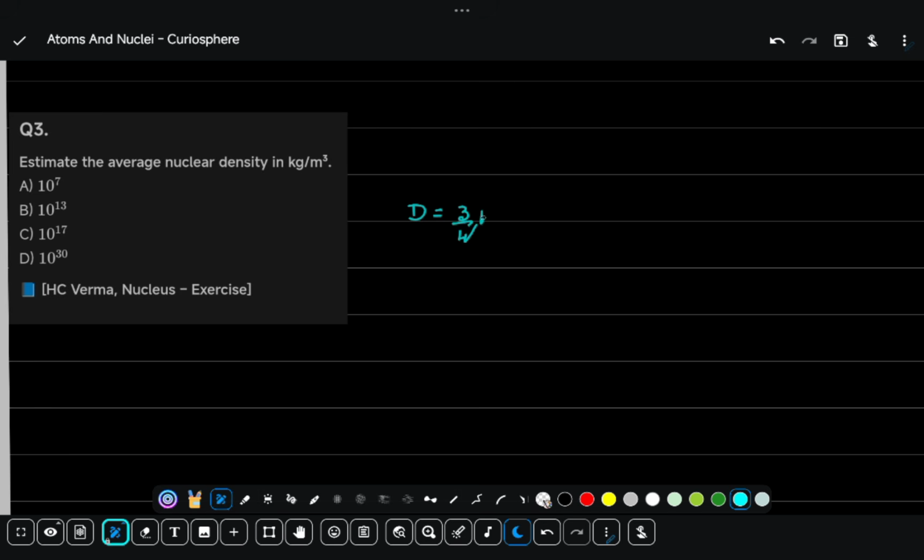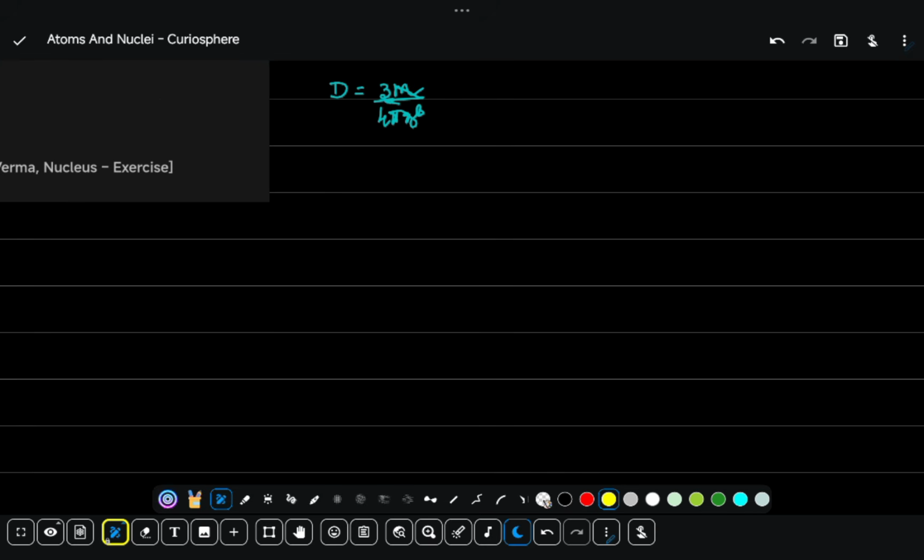In the numerator there is an m, the mass of a nucleon. What is the mass of a nucleon? Approximately it is 1.6 into 10 power minus 27 kilogram. They're asking in kg, so we have to give it in kg. So 3 into 1.6 into 10 power minus 27 kilogram divided by 4 into 3.14 into r naught cube.